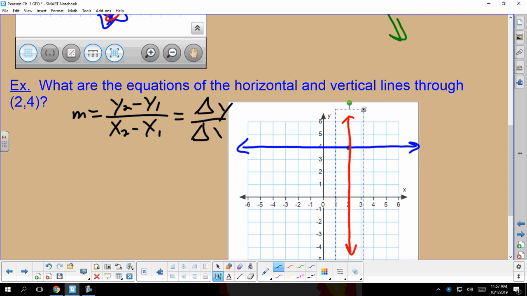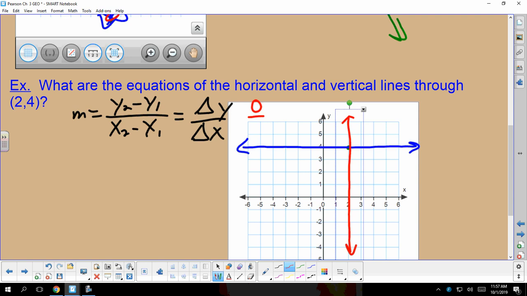Another way to look at slope. Now, dealing with zeros and fractions: 0 divided by anything is what? 0, right? So if the change in y is 0, over whatever is on the bottom, we know that's going to equal 0.